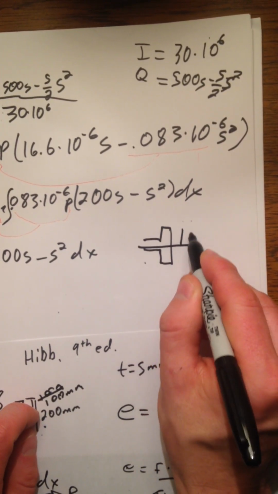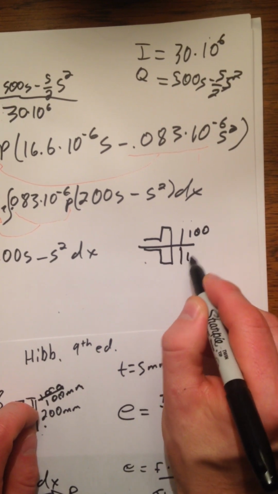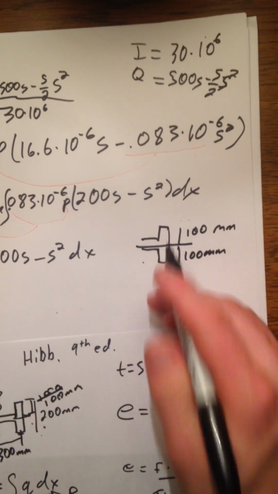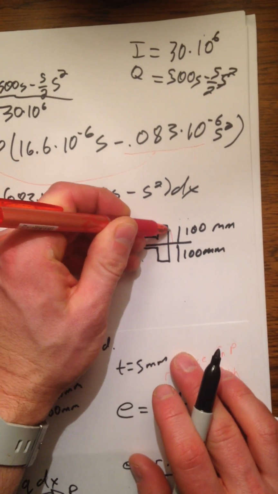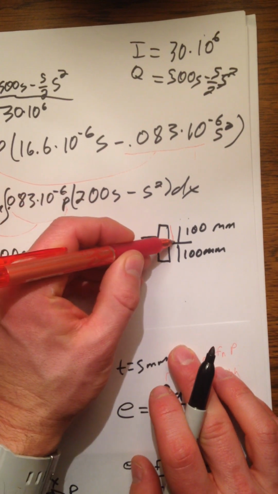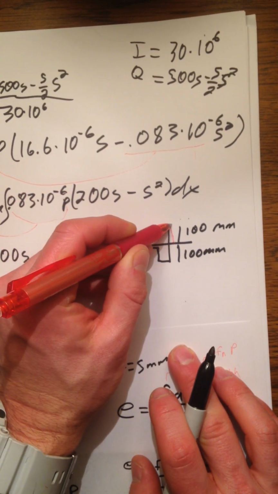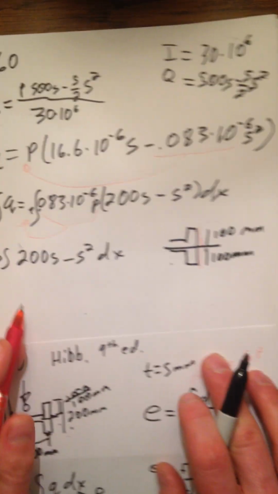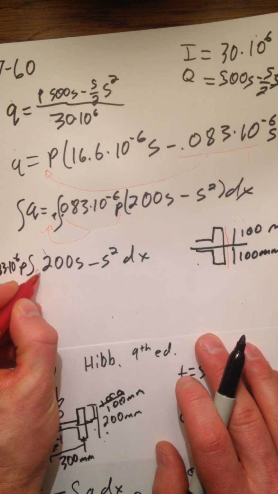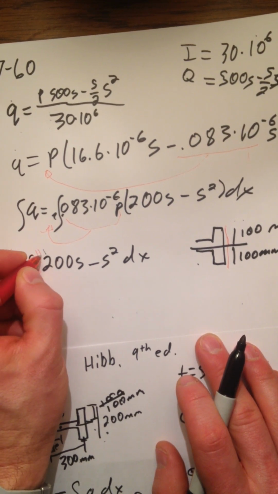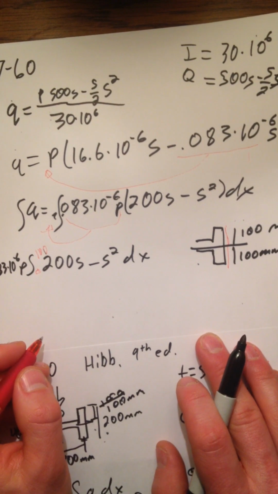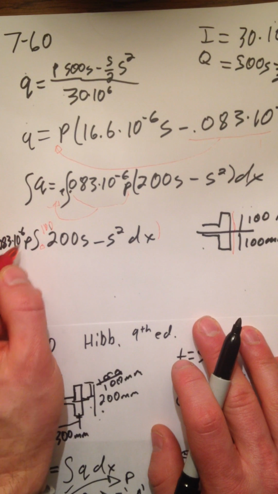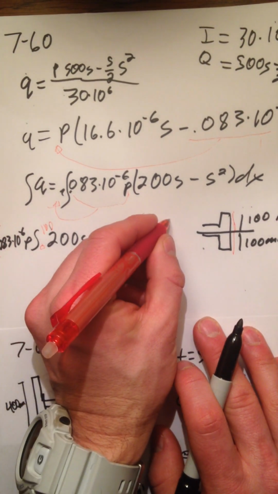So 100 millimeters here, 100 millimeters here, and we already drew our s section from this zone. So we're going from 0 to 100, but we're doing it on both sides. So we're going to go from 0 to 100, but we're going to do it twice, so we're going to multiply everything we get by 2.